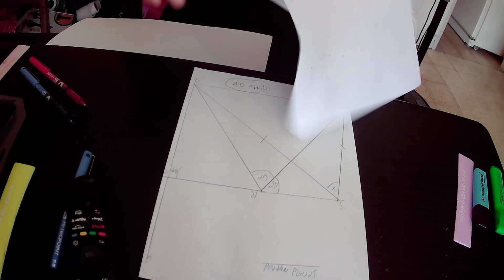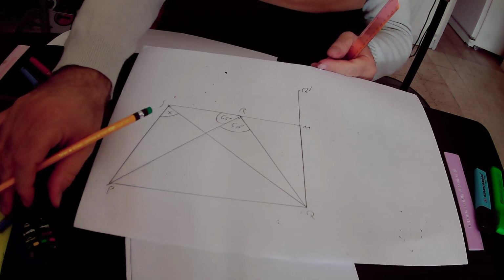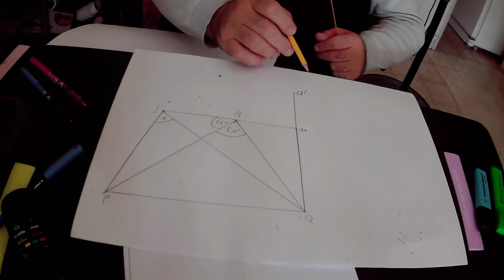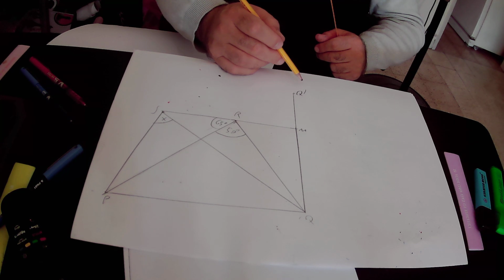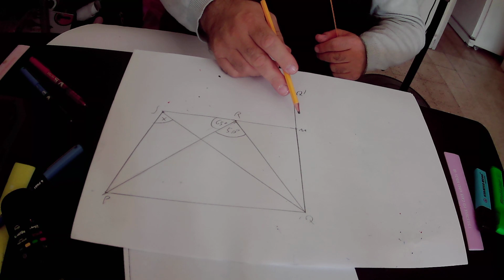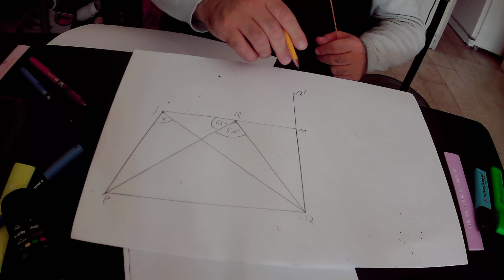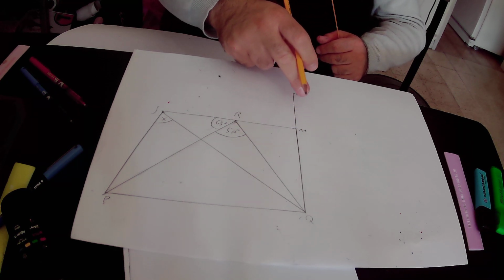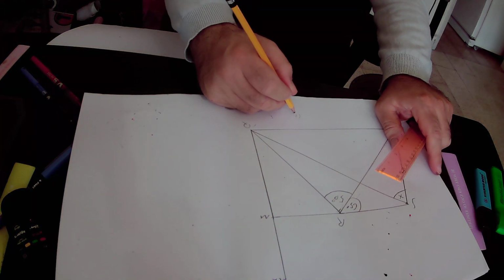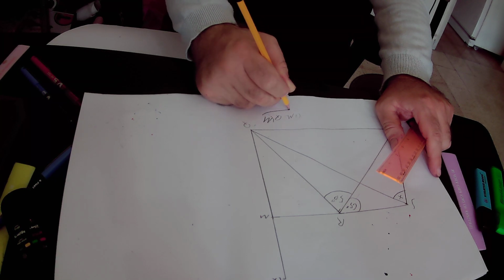So here we actually extended QM until point Q dash in such a way that QM equals Q dash M, according to our construction.